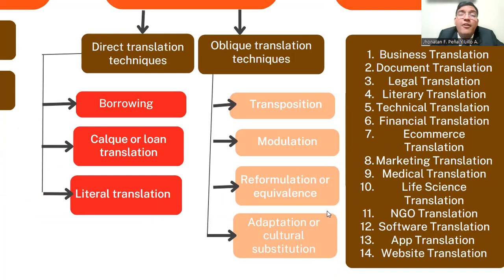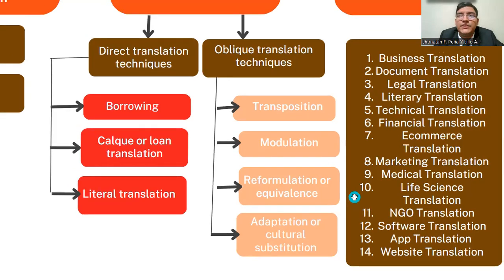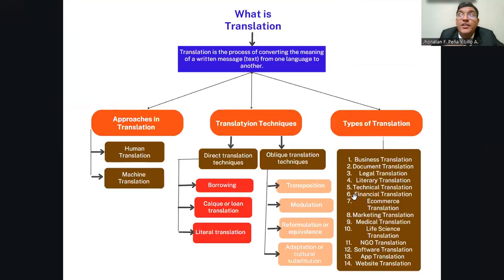Okay, and the third technique is reformulation or equivalence. We look for an equivalent expression or reformulation from the source language to the target language. And here it's common to see idiomatic expressions or proverbs.